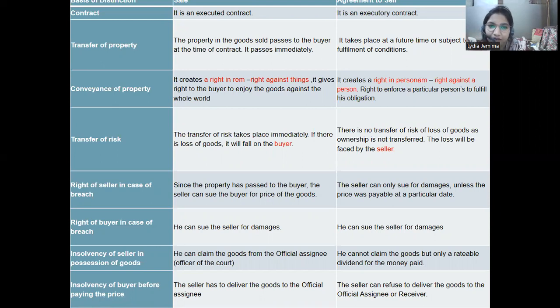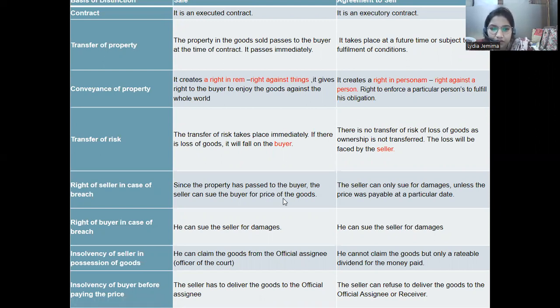Conveyance of property: a sale creates a right in rem, a right against things. It gives the buyer the right to enjoy the goods against the whole world. An agreement to sell creates a right in personam, a right to enforce a particular person's obligation.